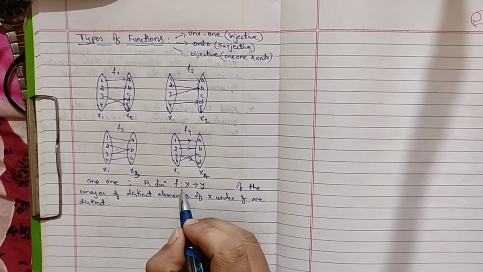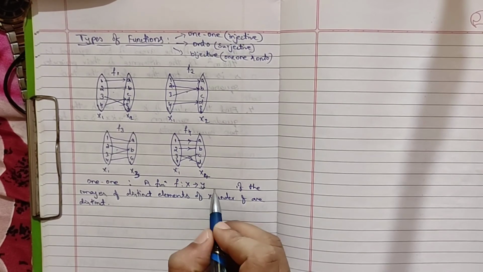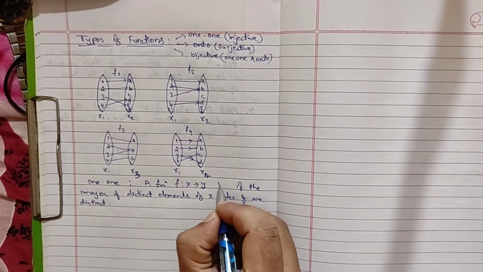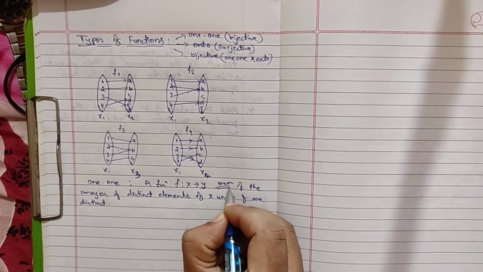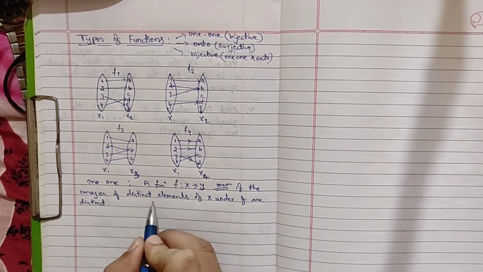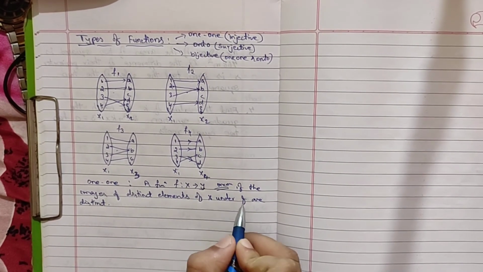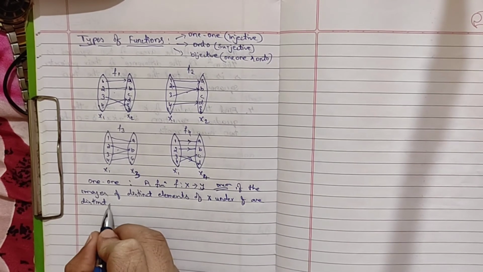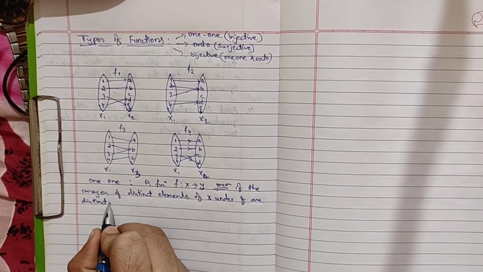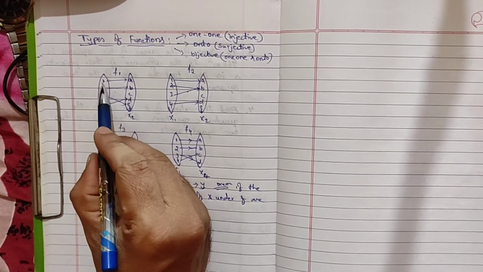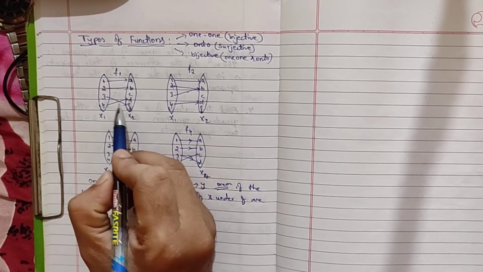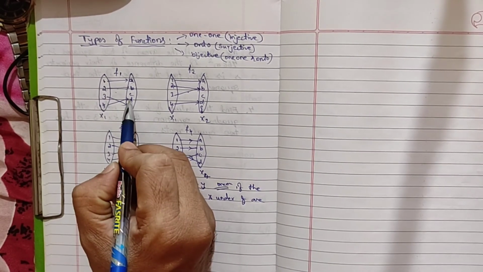A function f from X to Y is defined to be one-one, also called injective, if the images of distinct elements of X under the function f are distinct. It means 1 to A, 2 to B, 3 to E and 4 to D, so all are distinct.